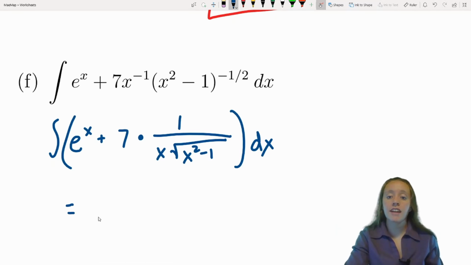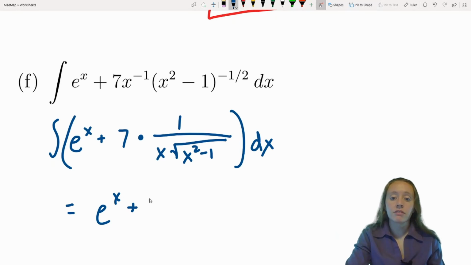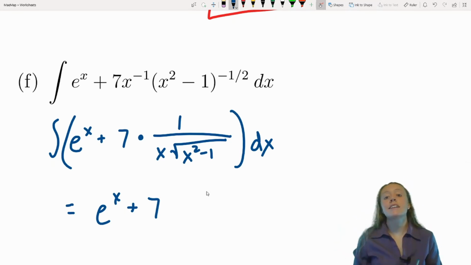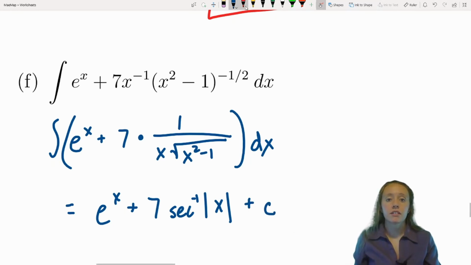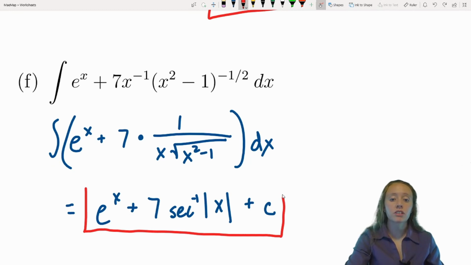The integral of e to the x is e to the x plus, pulling that 7 out in front, the integral of 1 over x times the square root of x squared minus 1. Remembering our formula, that is the inverse secant of the absolute value of x, and can't forget our plus c. And there we have it, our final solution on this example worksheet.